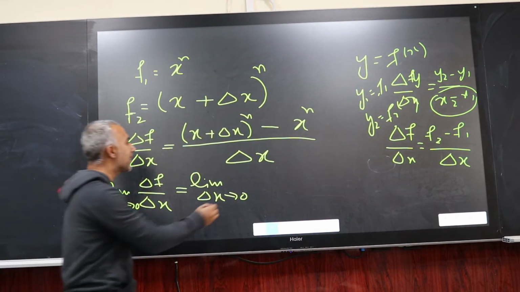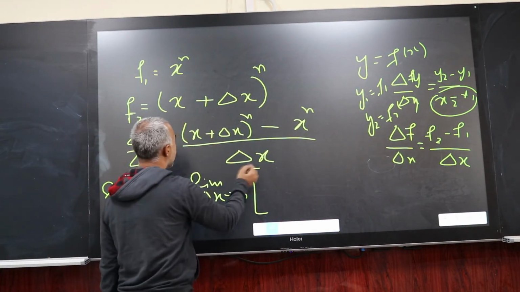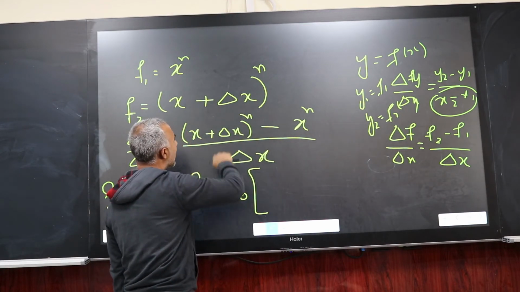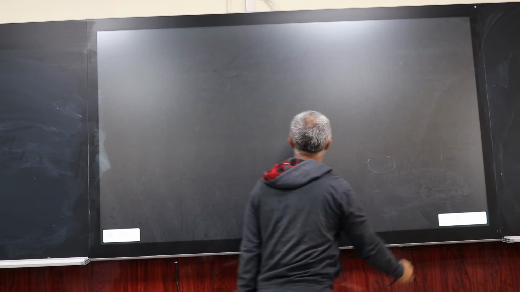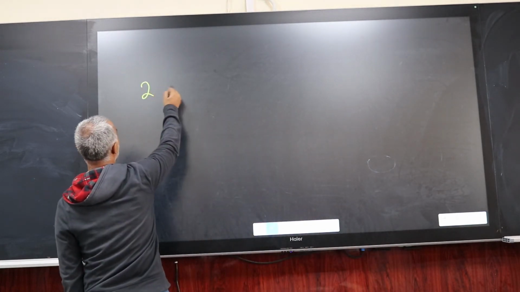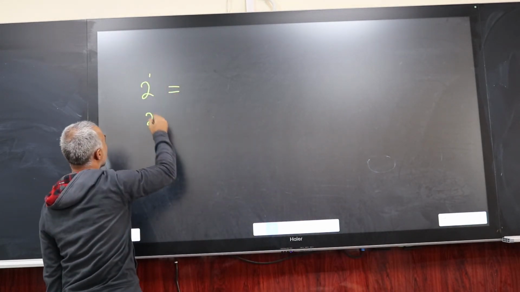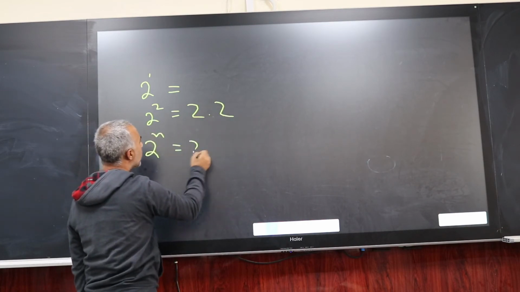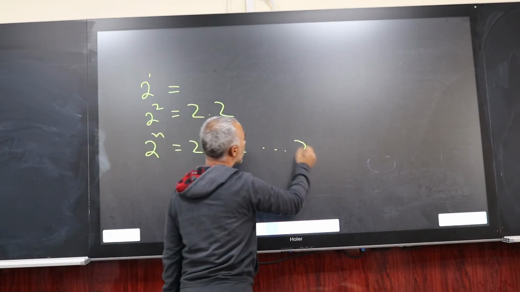But I want to expand this function. Here, this one is x plus delta x. For example, 2 to the power n means 2, 2, 2, n factors.